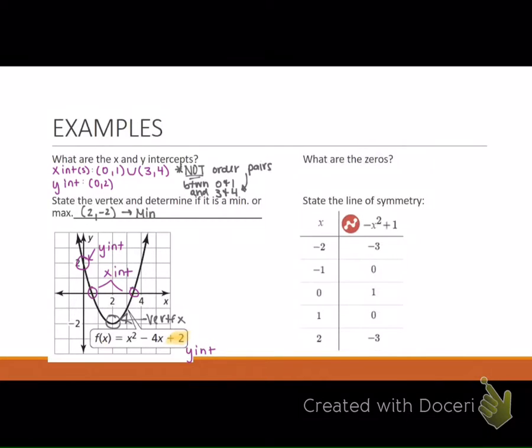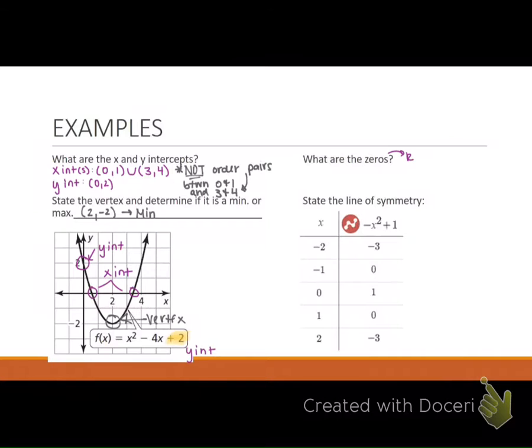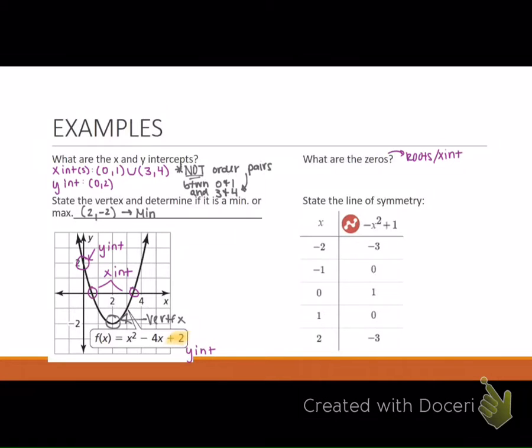You're welcome. So, this asks you for the zeros. The zeros are also known as your roots or your x-intercepts. There's three zeros. So let's stop for a second here, please. If we're looking for an x-intercept, which value would be 0?